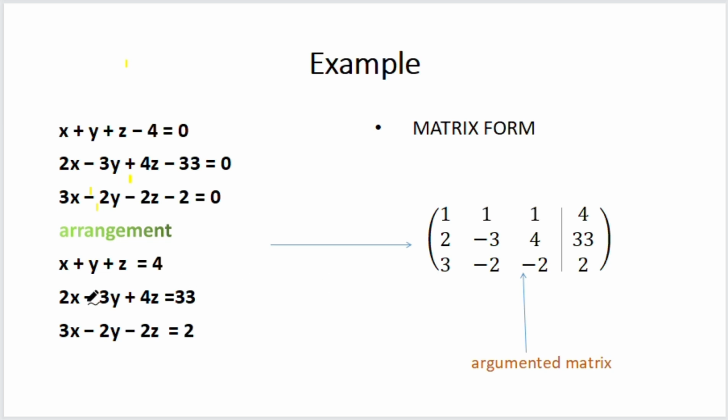Then 2, negative 3, and 4, taking each with its sign, and 3 on the right. Then 3, negative 2, negative 2, and 2, of course. We see that the vertical bar is there, so this is an augmented matrix.